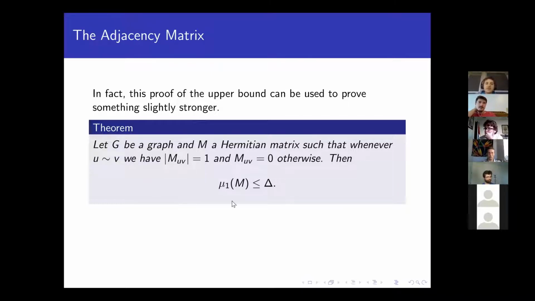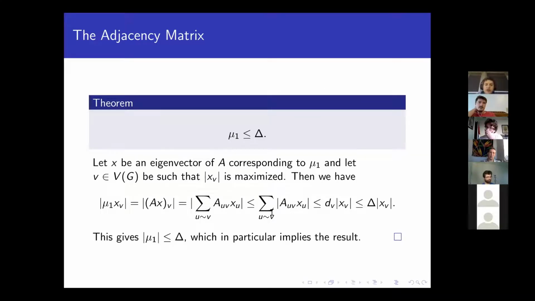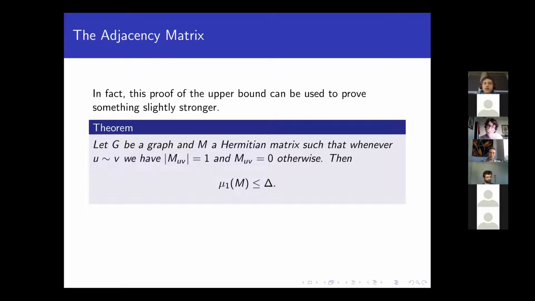And the point is, these are the only properties of the matrix that we actually use in that proof I just sketched out. In particular, the only interesting thing is that here, instead of using that A_uv is equal to 1 to get to this part here, we use that its absolute value is now at most 1. So, okay, this is a generalization, but I don't really like generalization for generalization's sake.